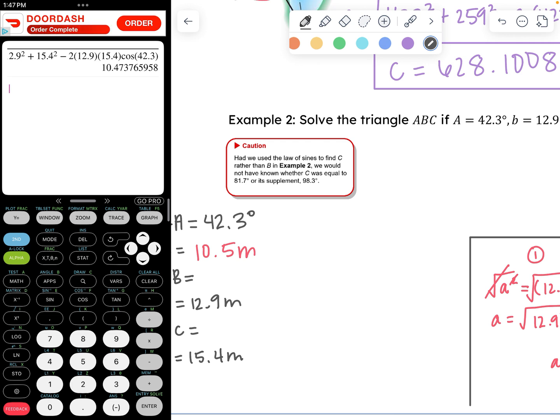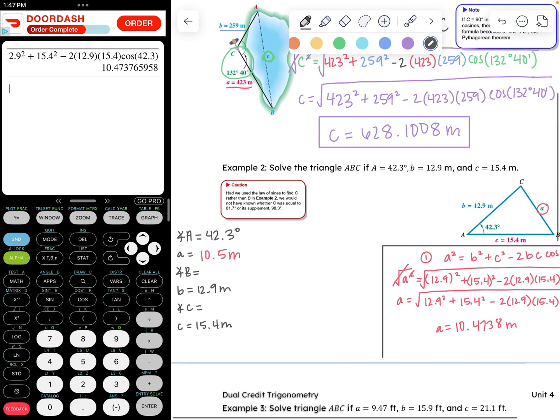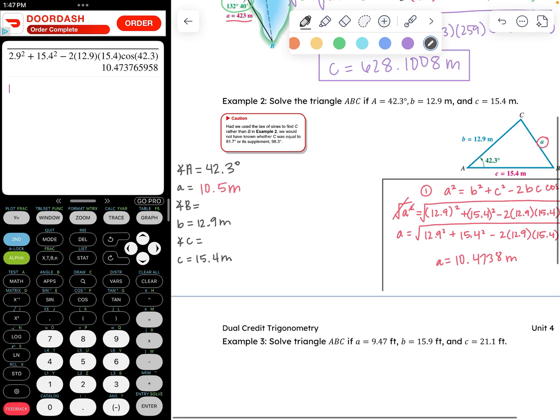You wouldn't know if it's going to be 87.1 or its supplement 98.3. This kind of goes back to our law of sines, where we don't know if it's one or two possible triangles, the different cases. So always start with that smaller side, that smaller angle, so that you can figure out what the other angle should be based off of that smaller one.